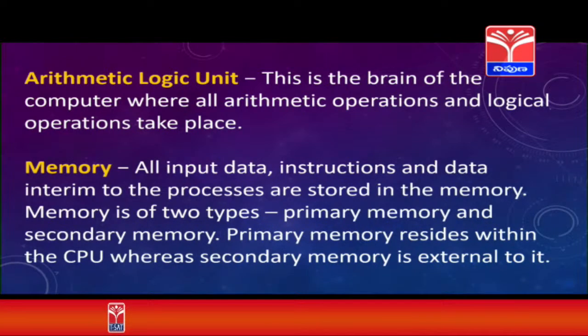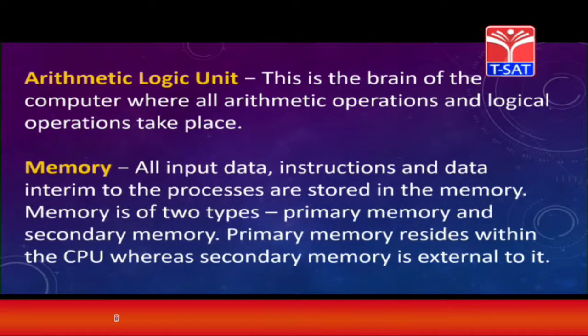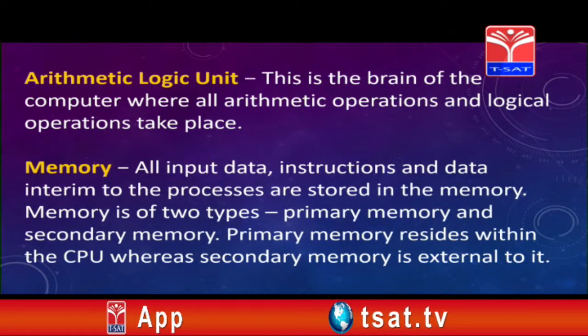And the memory. All input data, the instructions, and data needed for the process are stored in the memory. Actually, there are two kinds of memories. One is called primary memory, another one is called secondary memory. Primary memory resides within the CPU, whereas secondary memory is external to it.